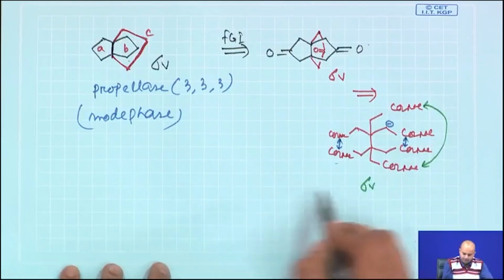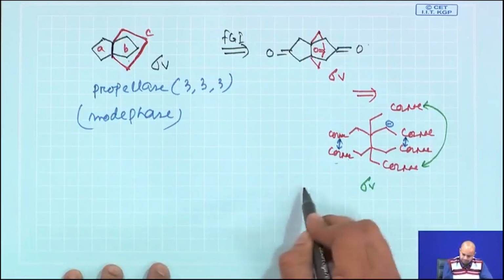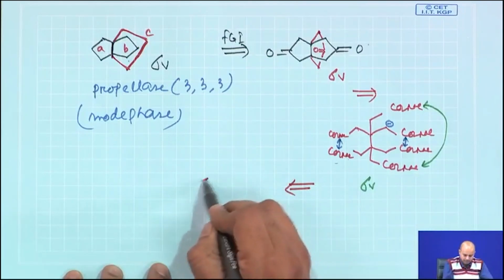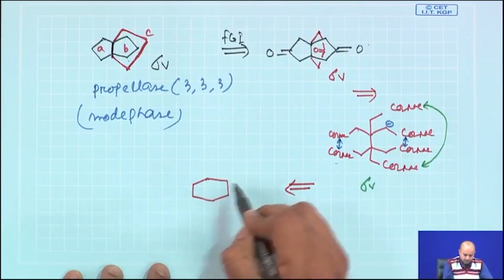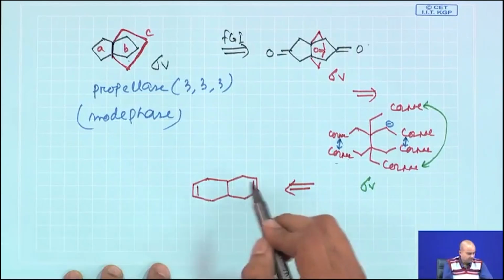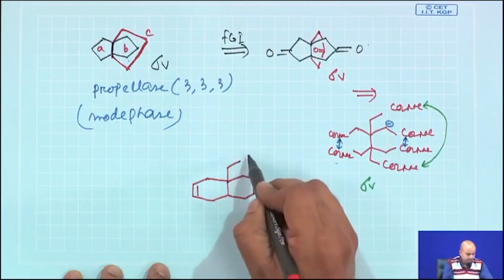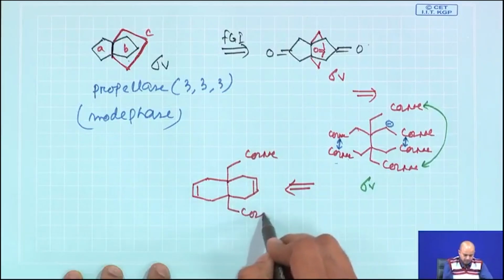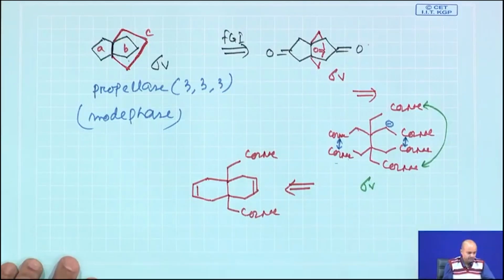So, now try to simplify again how these compounds can be made. This compound we propose can be made starting from this compound by simple ozonolysis. Okay.